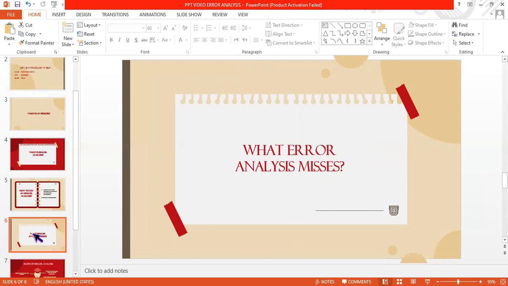The second thing an error analysis misses is avoidance. Schachter, 1976, pointed out that learners can avoid using features of a TL that they know they have difficulty with.